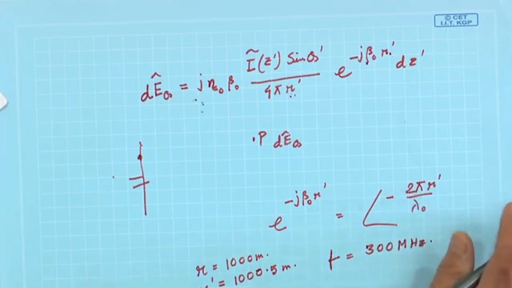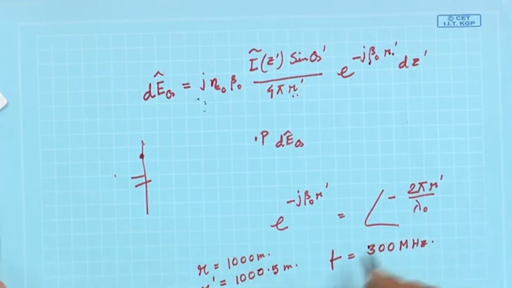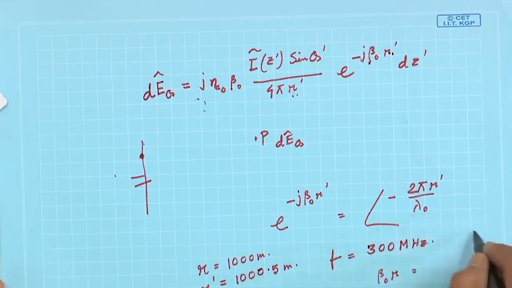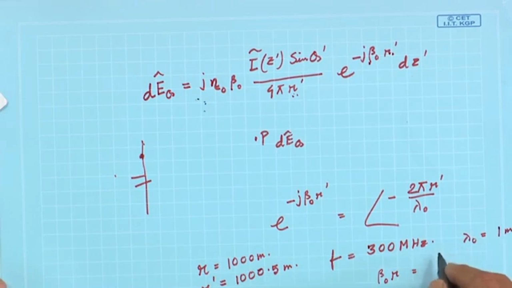So, we can find out what is the beta naught r dash value. What is beta naught r? Lambda naught for 300 megahertz is 1 meter, so beta naught r is 2 pi by 1 meter into r, so 2 pi into 1000.